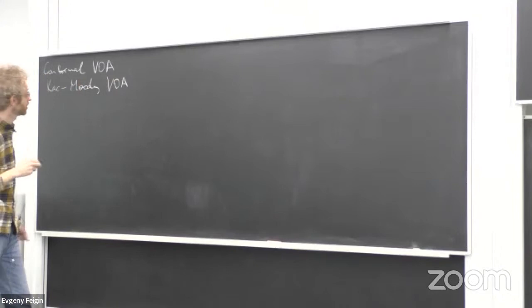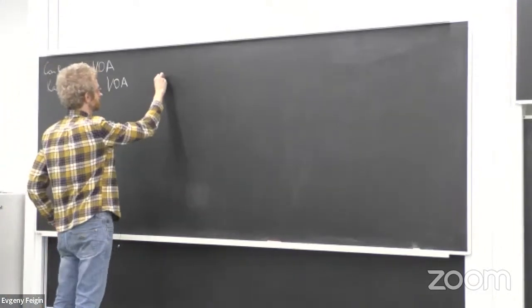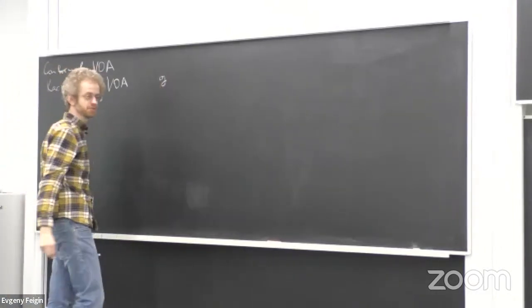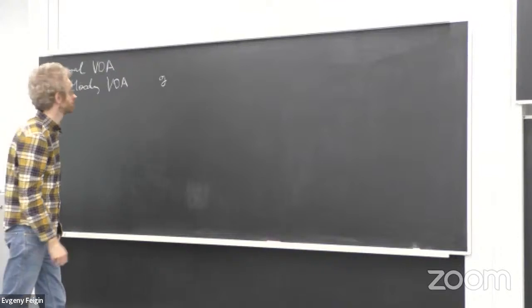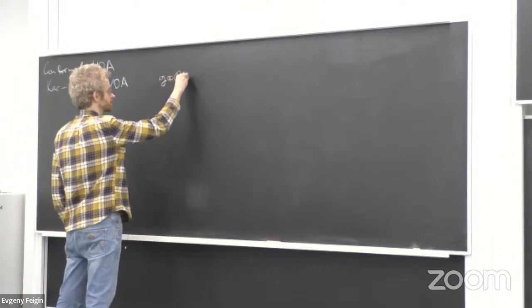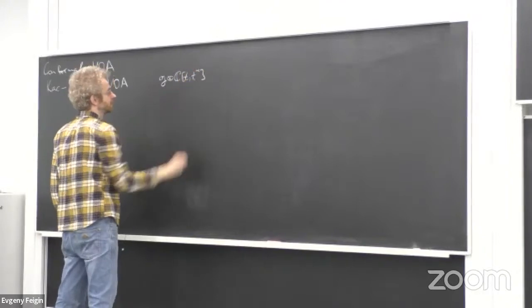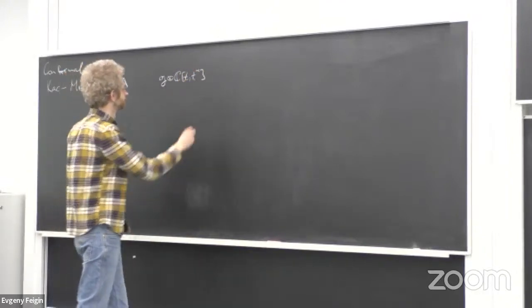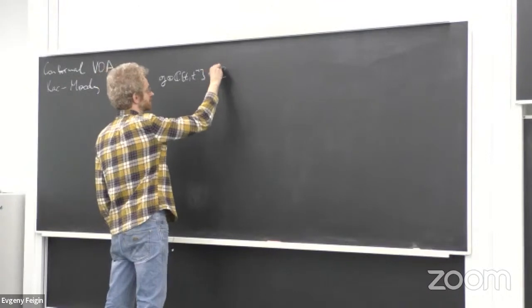So recall that we started with the simple Lie algebra g, and then we have the corresponding affine Kac-Moody Lie algebra, which is g tensor C[t, t inverse] plus CK.